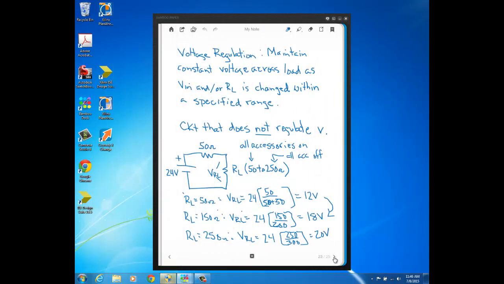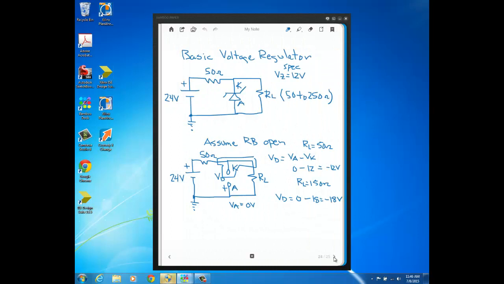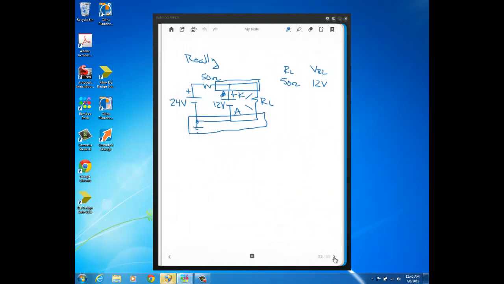So when RL is 150 ohms, the Zener is still acting like a voltage source of VZ, so that maintains 12 volts across the load, right? Because as long as the Zener is acting like a voltage source, the load's going to have the same voltage since they're in parallel.